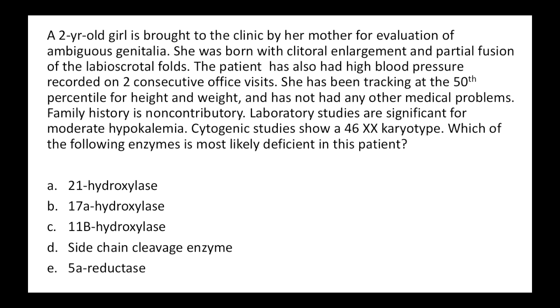She has been tracking at the 50th percentile for height and weight and has not had any other medical problems. Family history is non-contributory. Lab studies are significant for moderate hypokalemia. Cytogenetic studies show a 46XX karyotype. Which of the following enzymes is most likely deficient in this patient?